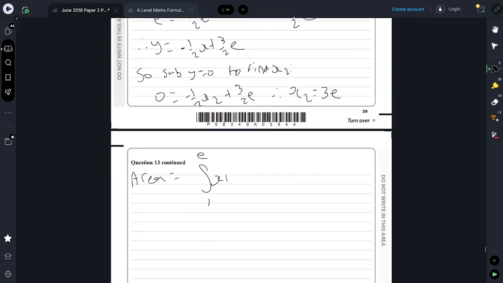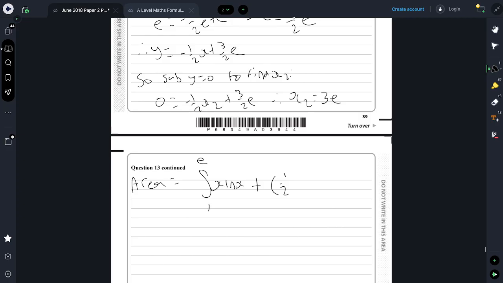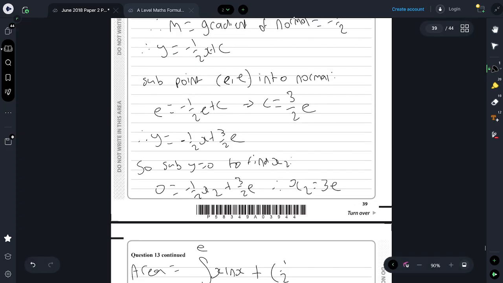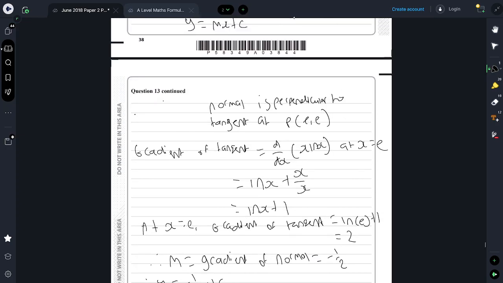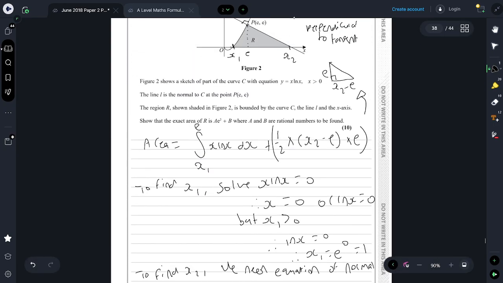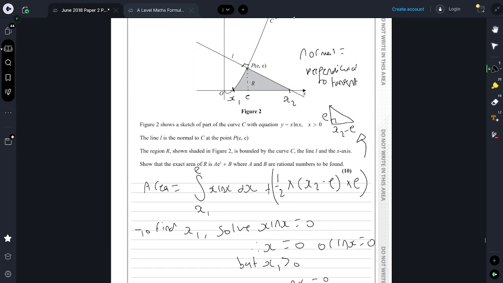And that's the integral of x ln x, plus, and it was this bit here, a half. So let's go back. So that integral here finds the area between x1 and e before they intersect. So the area under the curve here.